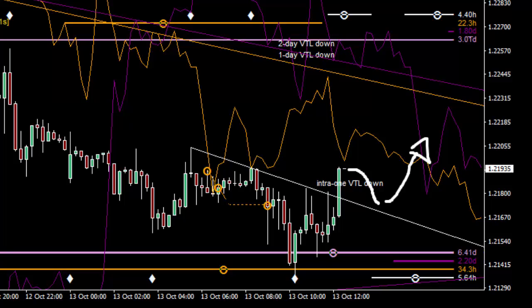Well, because you have to look at the path that price has to take in order to bounce up from this one-day VTL, and that path is littered with FLDs and VTLs. Here you can see the one-day FLD, which price is about to reach very soon. Now, whenever price reaches an FLD, generally that FLD causes some kind of resistance.